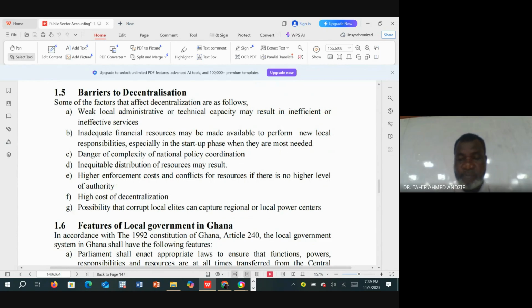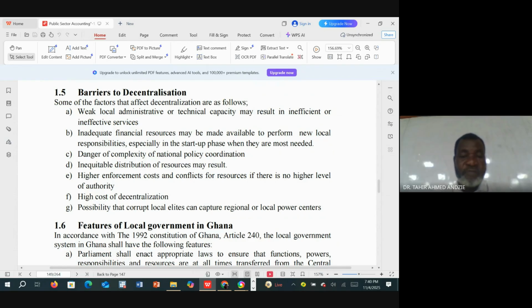If you take, for example, Kumasi, now KMA, that is Kumasi Municipal Assembly, and then let's say, Jukwa area. Sometimes you can see that some district assemblies are very rich. They have markets, they have roads, they have certain facilities from which they can generate enough funds, but other districts may be lacking. So inadequate financial resources may be made available to perform new functions.